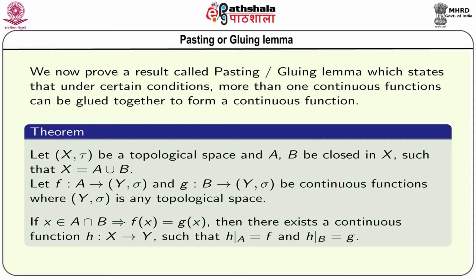In these circumstances, if all these conditions are satisfied, then there exists a continuous function h from X to Y such that h restricted to A is f and h restricted to B is g.